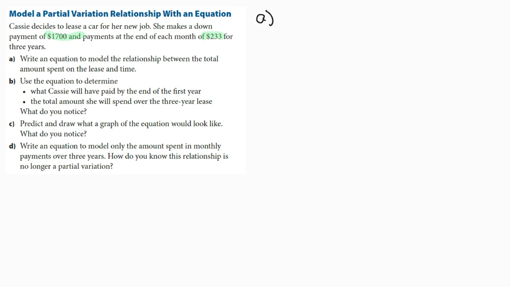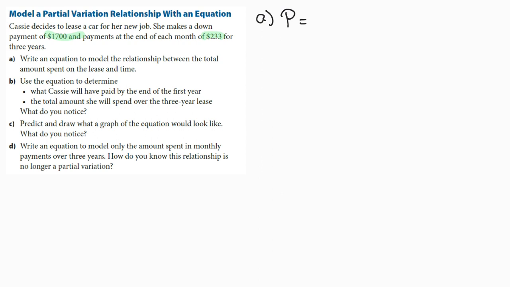So let's say the amount owed, we'll call it A for the amount owed, equals. So Cassie, sorry, we're not looking for amount owed. We're looking at the amount she paid. So we'll say P for the amount she paid.